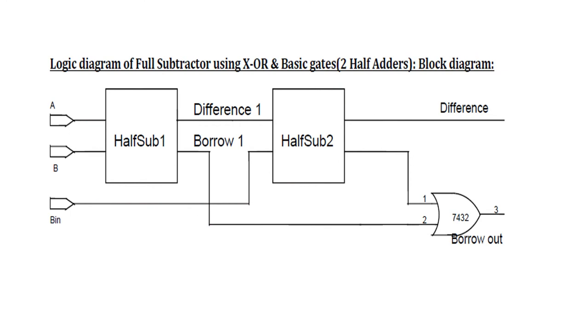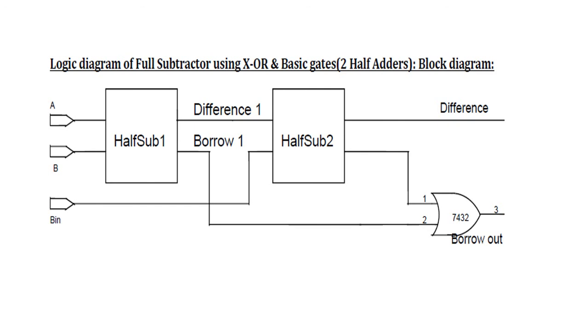The logic diagram of full subtractor using XOR and basic gates. So 2 half subtractors are required. So this is the first half subtractor and this is the second half subtractor. It is similar to the logic diagram of full adder circuit, except here one NOT gate will be used. So A and B is the input of the first half subtractor circuit.